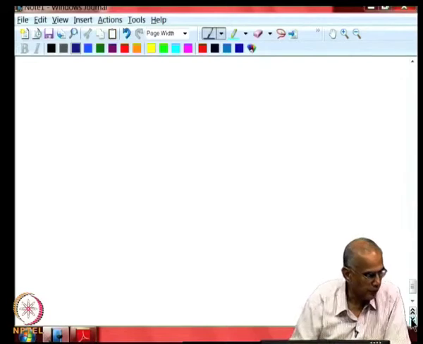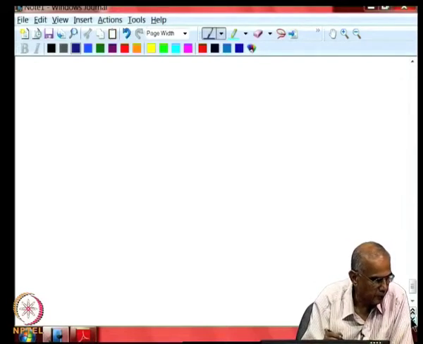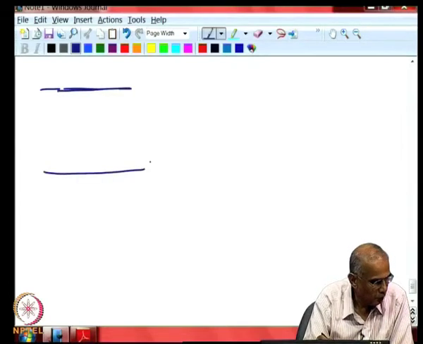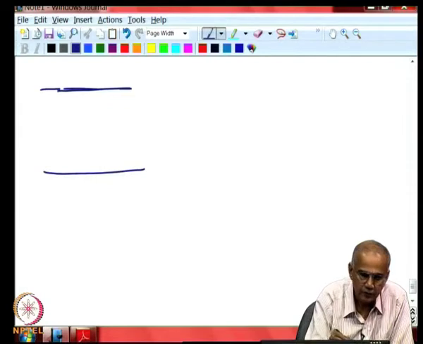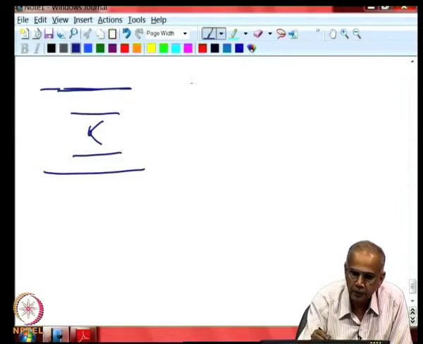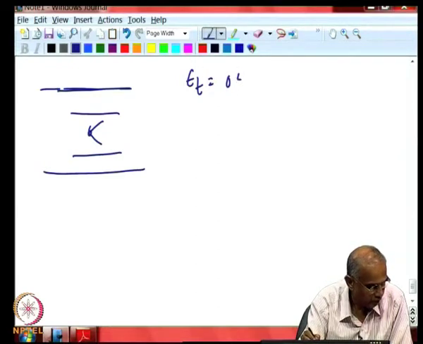Now, let us go to the example of the thermocouple shield. So, we thought of a wall of a duct with a thermocouple there, and you put a shield here. Okay. Let us say emissivity of the thermocouple is now 0.5.